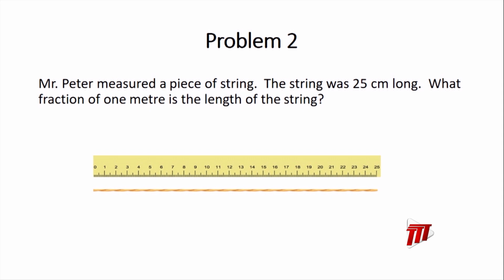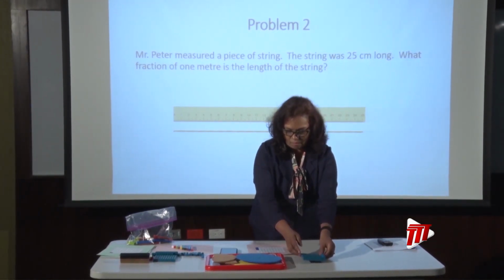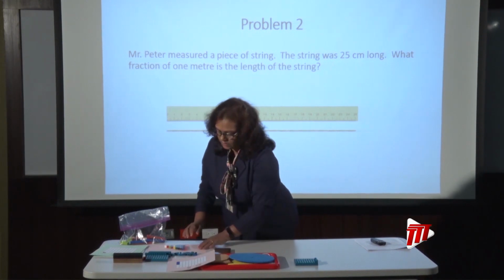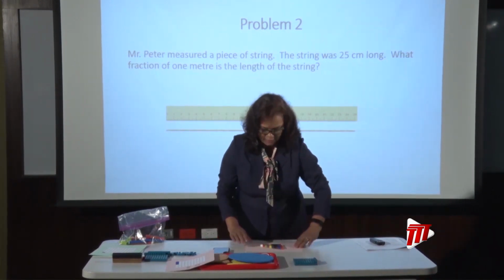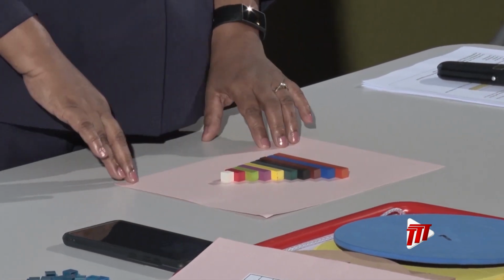So I cannot draw the full meter. So what I'm going to do, I'm going to represent this problem using some bars. The resource I'm using for this is called a set of Cuisenaire rods.